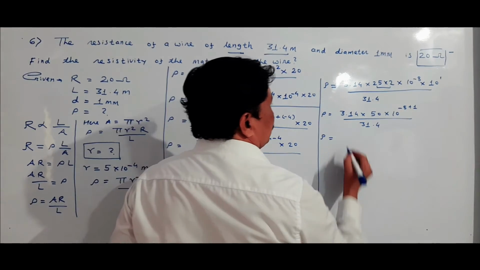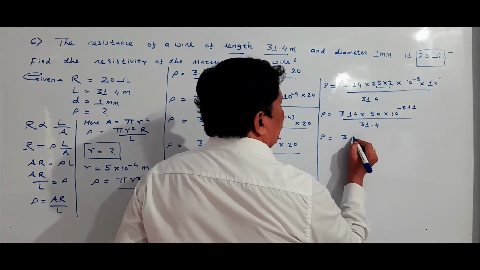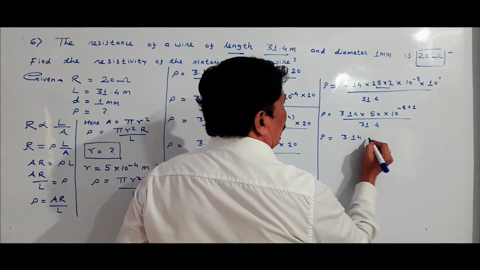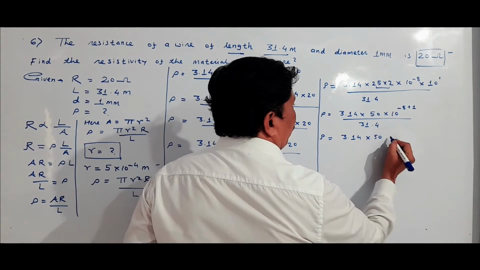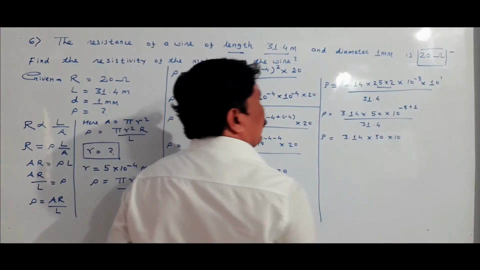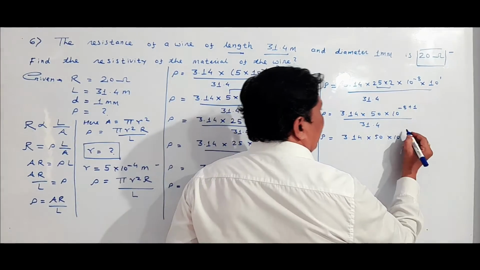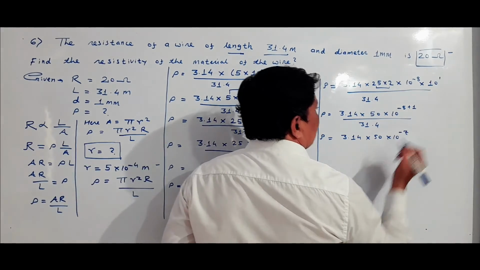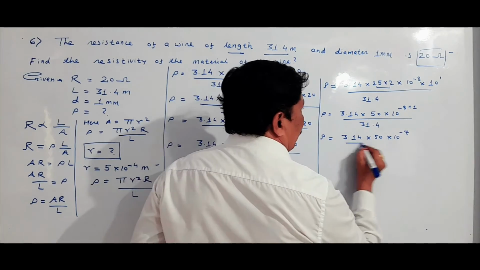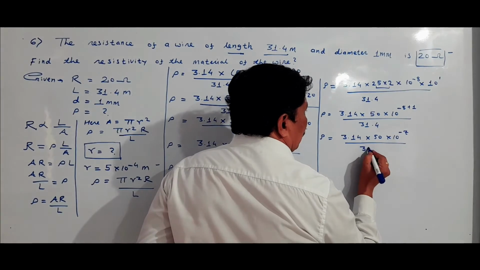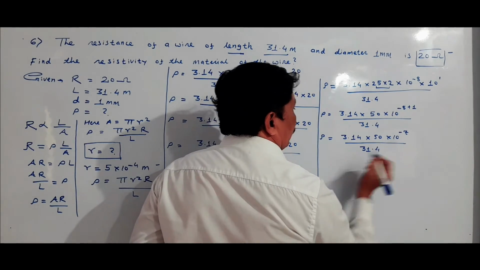Resistivity of a material is equal to 3.14 into 50 into 10 to the power minus 7 upon 31.4.